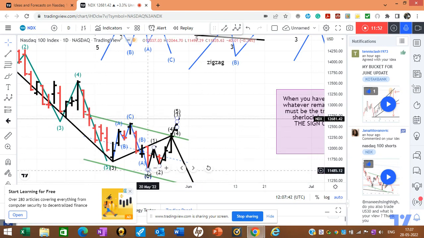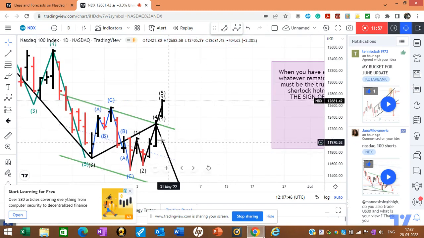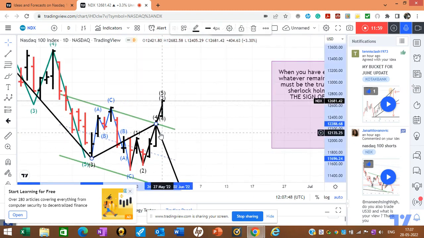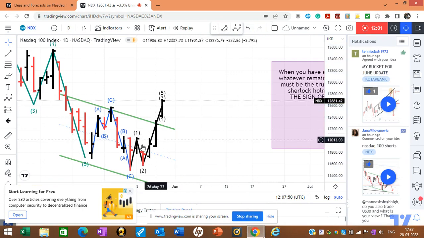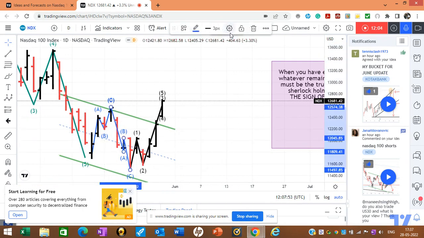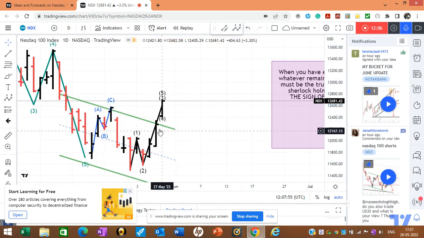Wave B is more than 105% of wave A. I'll just remove this, just for making things more clear. I'm just removing all this.